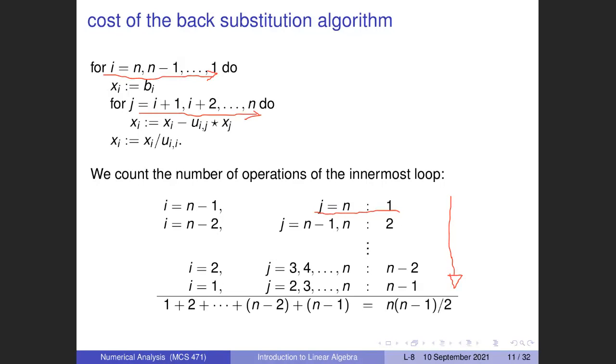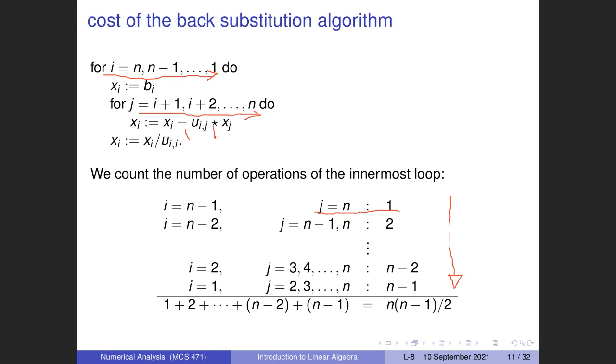And actually, I see now that it should be the number of steps, because as you can see, here we have one multiplication, one subtraction. So actually, it should be multiplied by 2 for the number of operations.